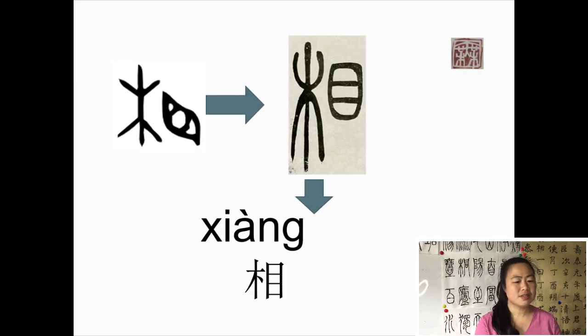That is because in the Chinese fortune telling system, the wood symbolizes the east, and east is the direction of luck.